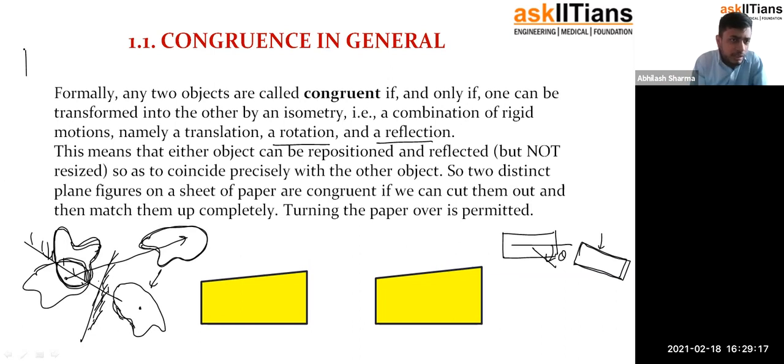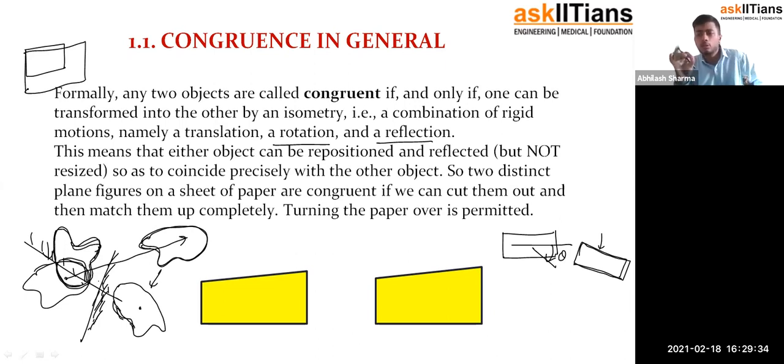For instance, many times we have an image on a mobile phone, a smartphone, or a computer. We often zoom it to make it bigger so that we can see better. Sometimes we zoom out, and sometimes we want to zoom in also. So that's what we mean by resizing. But resizing is not allowed here.